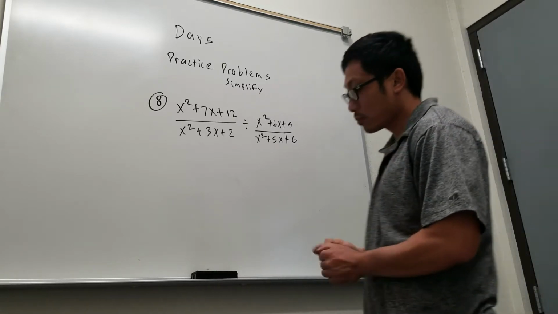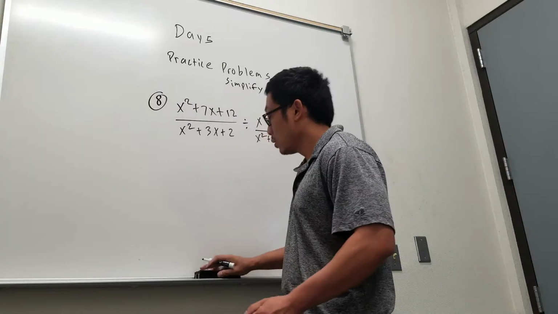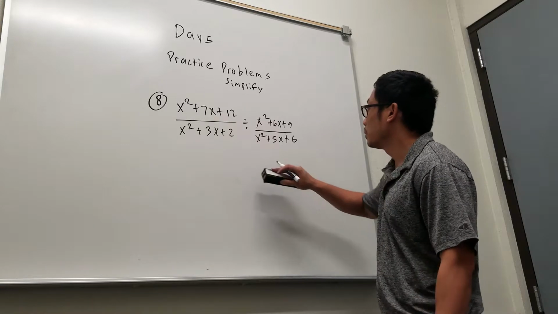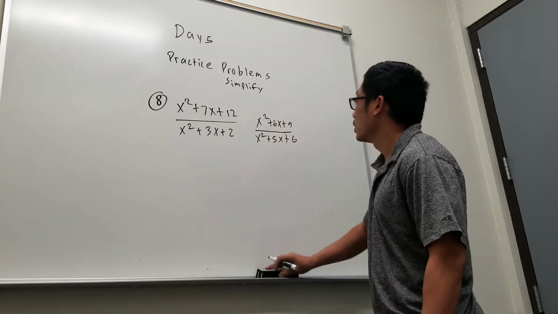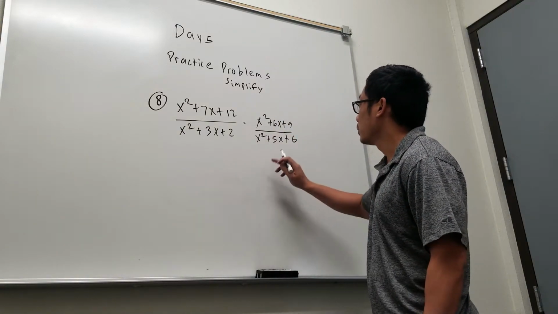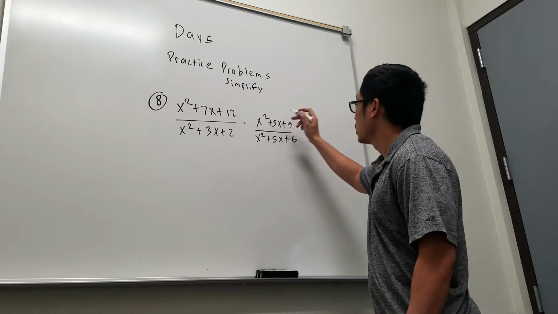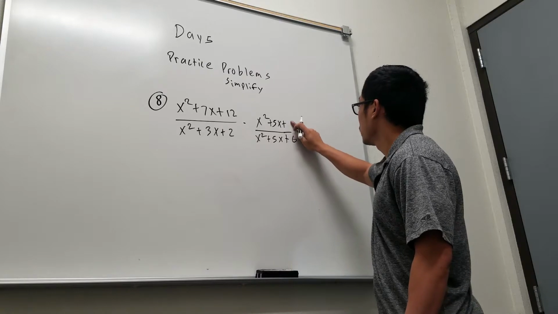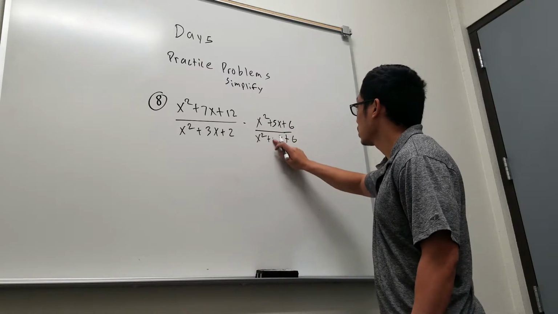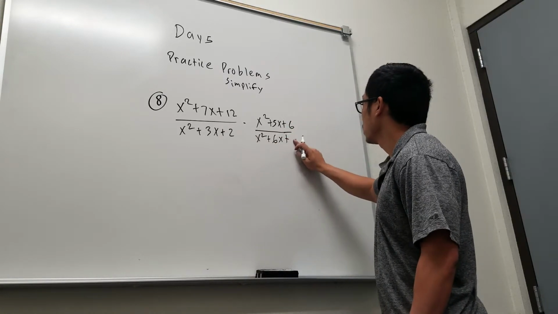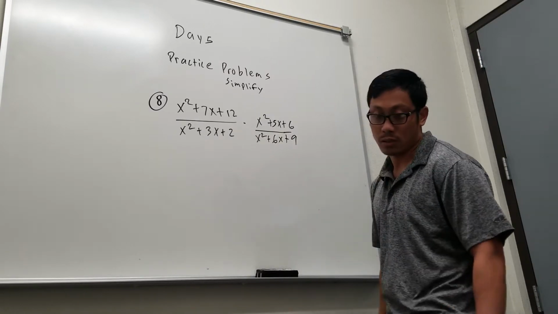So this division, I'm going to skip a step and multiply now. Then I have to flip this, right? So x squared plus 5x plus 6, and then what is it? x squared plus 6x plus 9, if I'm correct.